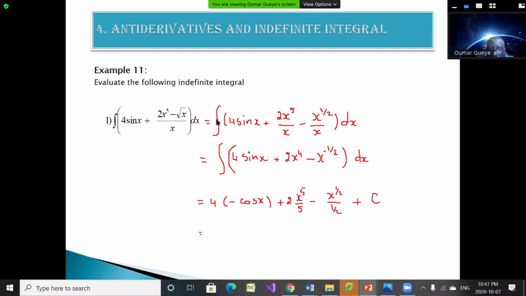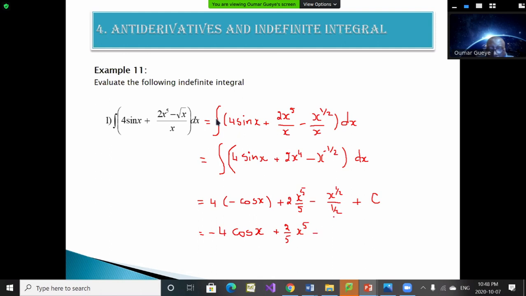So we can simplify it now. It's going to be minus 4 cosine of x plus 2 by 5 x to the power 5.